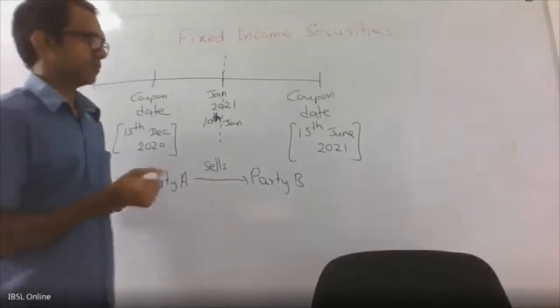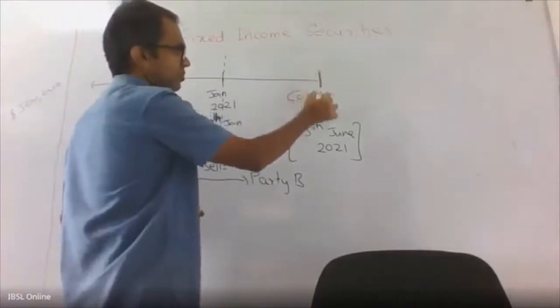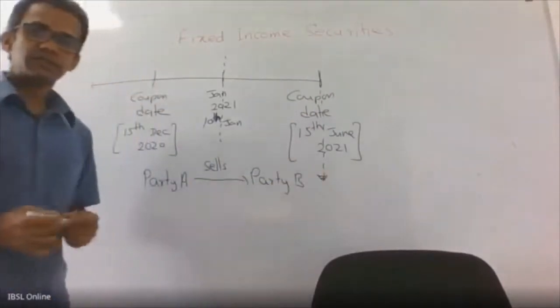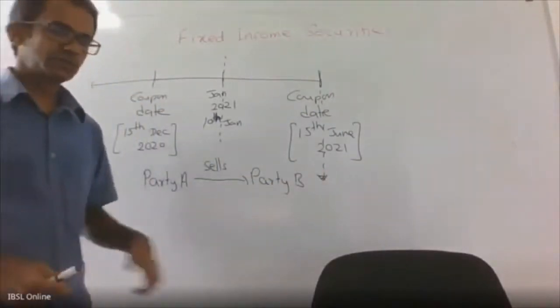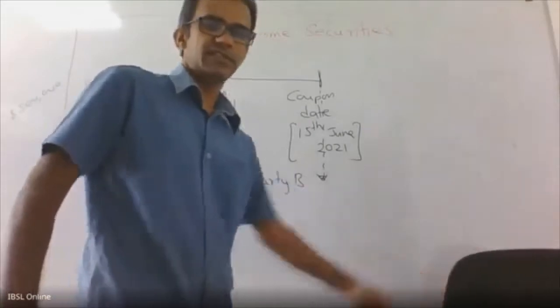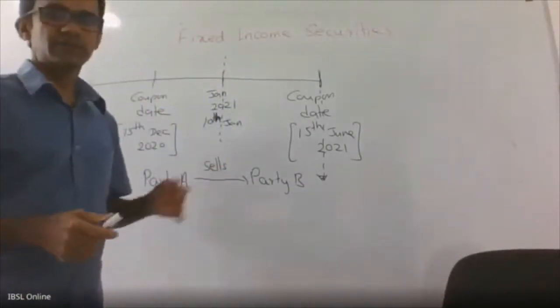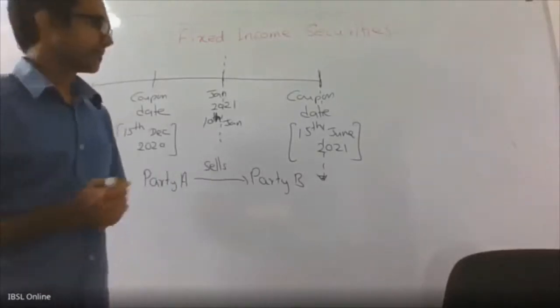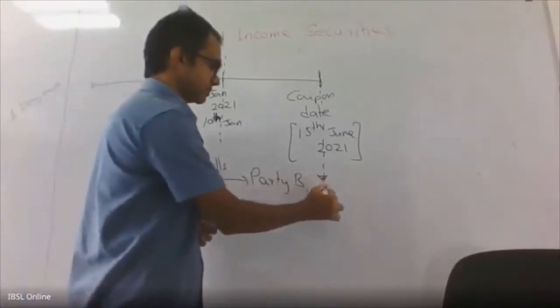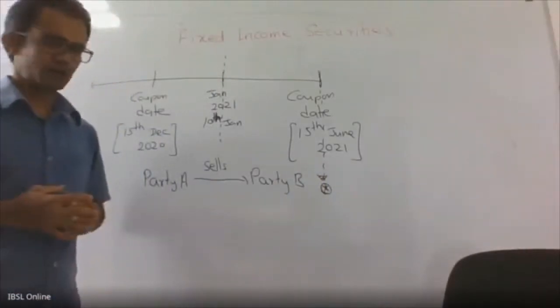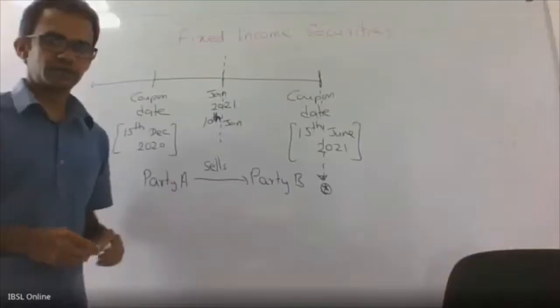So when it comes to the next coupon date, what would the issuer do? He will check who the owners of this bond are. On this date, who holds this bond? Party A or party B?